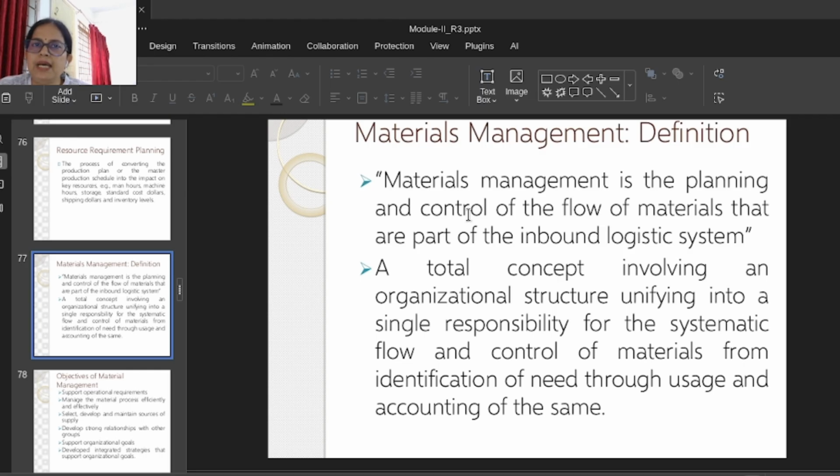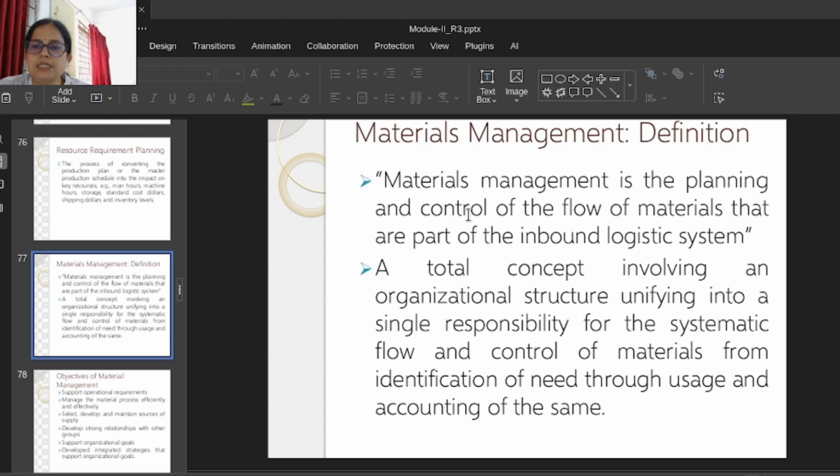So, we need to manage the material. How much material we need to bring to the plant, and what we need to follow for inbound logistics, is called material management.